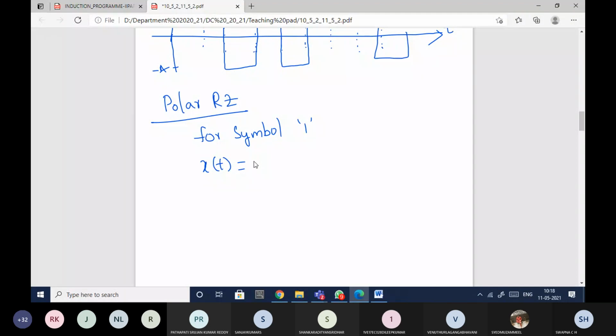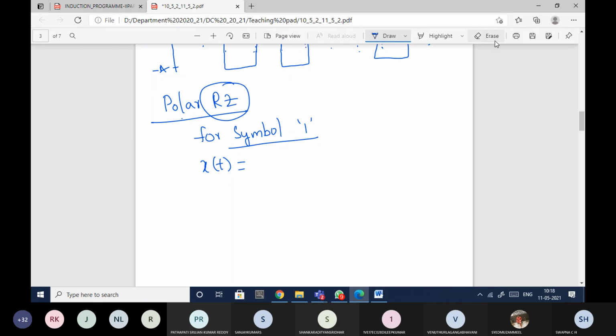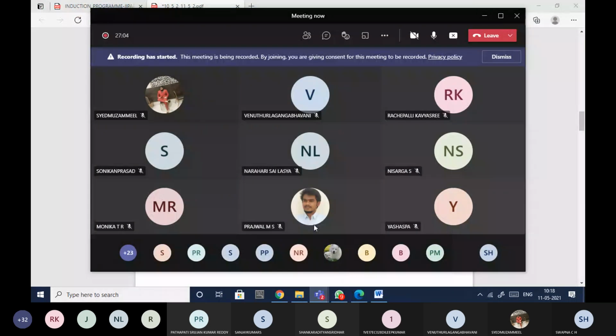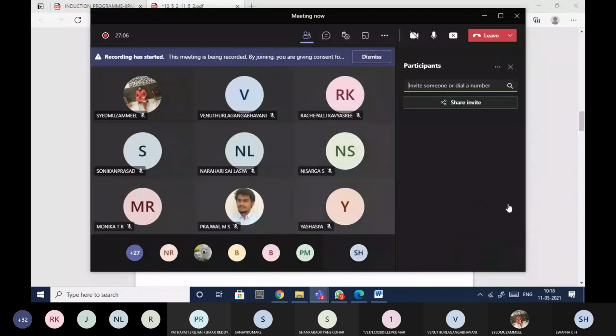Even if it is wrong, it's fine, no problem. But coming out with the answer is important. So for symbol 1, how will the representation be? Polar RZ. RZ means return to 0. Okay, so anybody can try? Answer me.